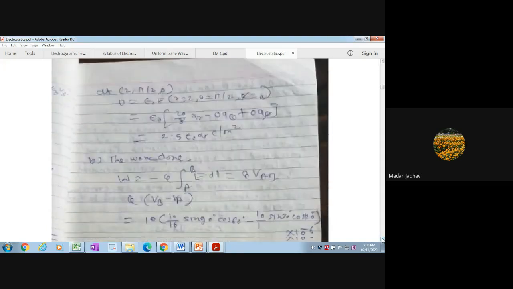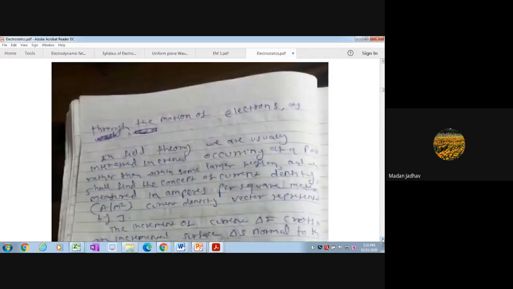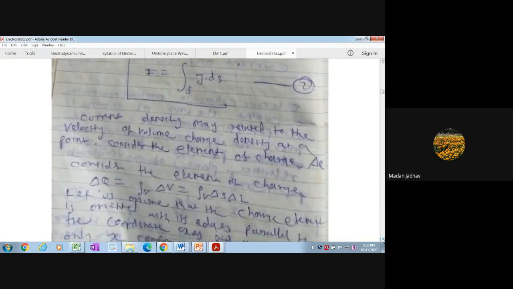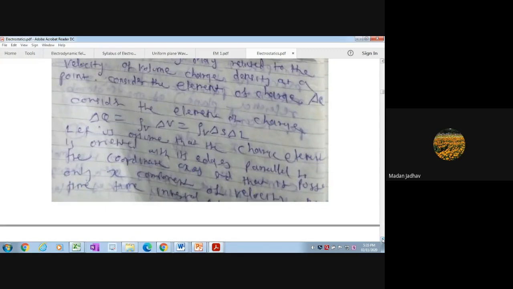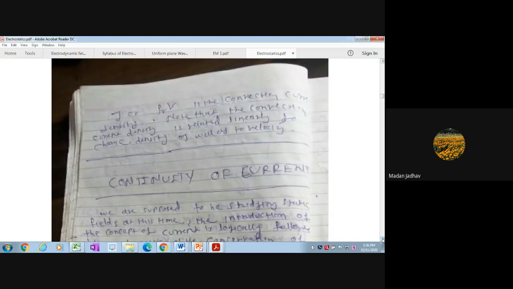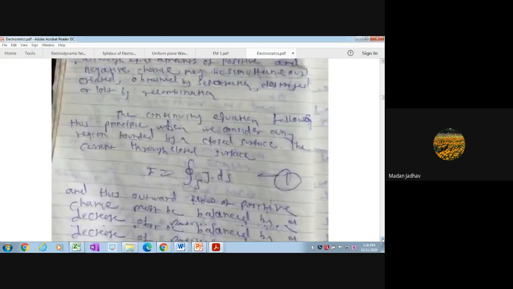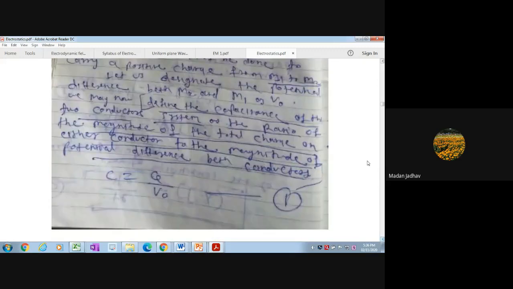Then we can obtain the relation between the normal component of the electric field in medium 1 and the normal component in medium 2. Also the relation between the tangential component in medium 1 and the tangential component in medium 2. Now we'll see the derivations.